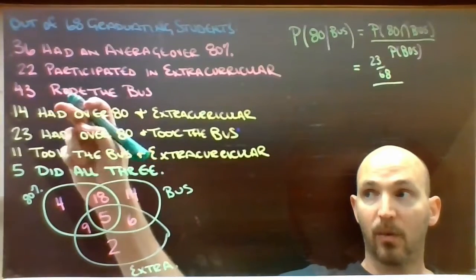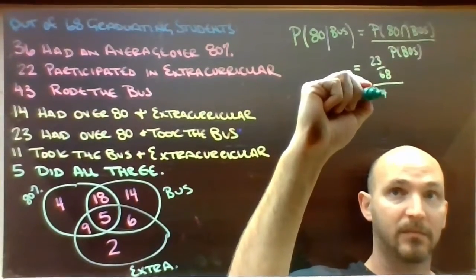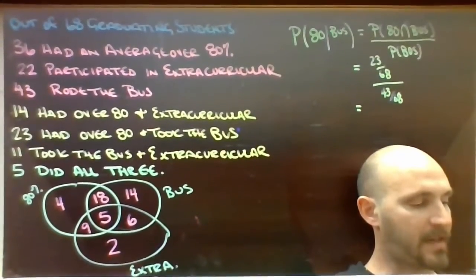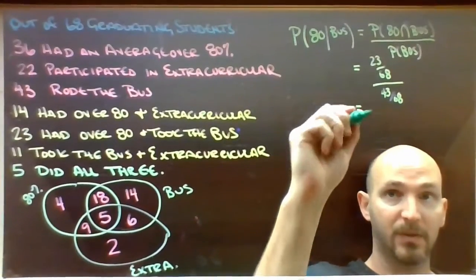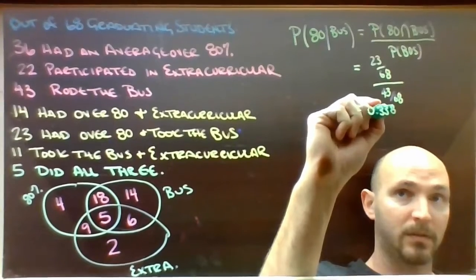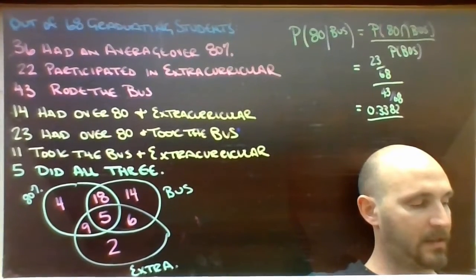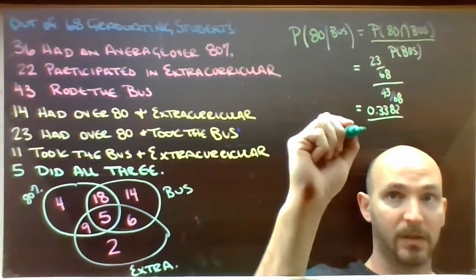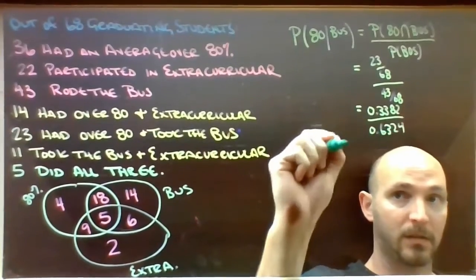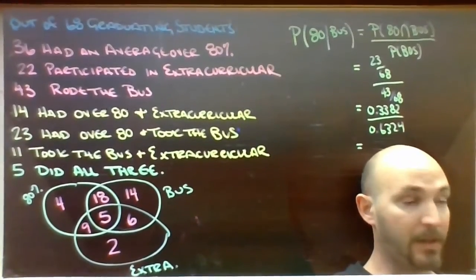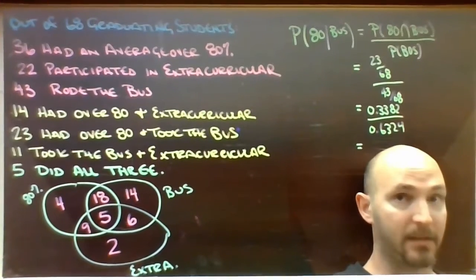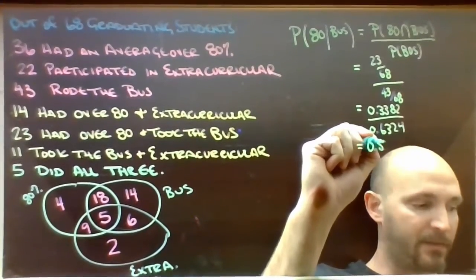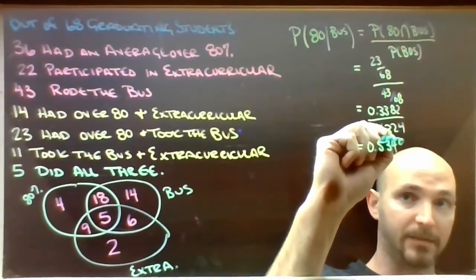Probability of taking a bus was 43 out of 68. 23 divided by 68 is 0.3382. 43 out of 68 is 0.6324. 0.3382 divided by 0.6324 is 0.5348.